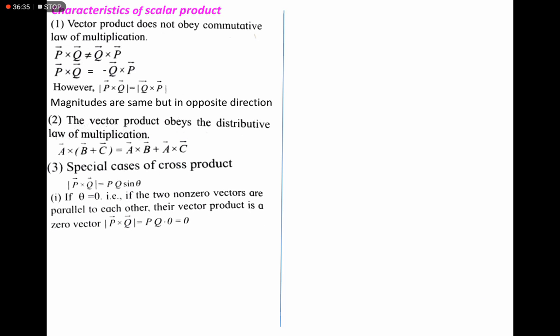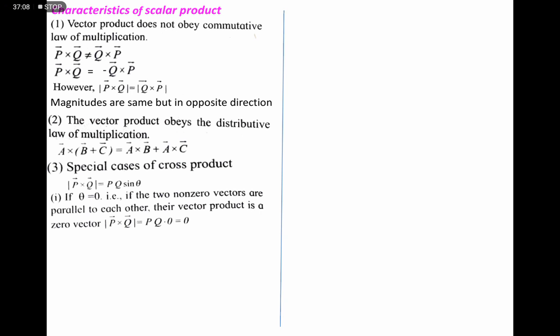If theta is 0, then definitely P bar cross Q bar is equal to 0. This means two non-zero vectors that are parallel to each other have a vector product of 0. In the cross product, if theta is 0, then they are parallel to each other.